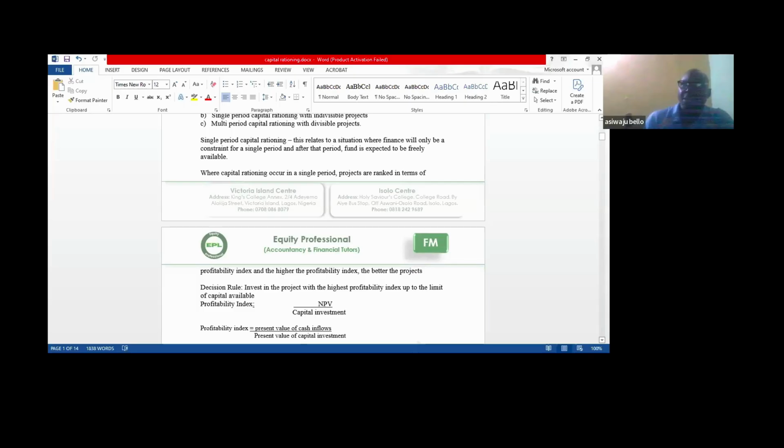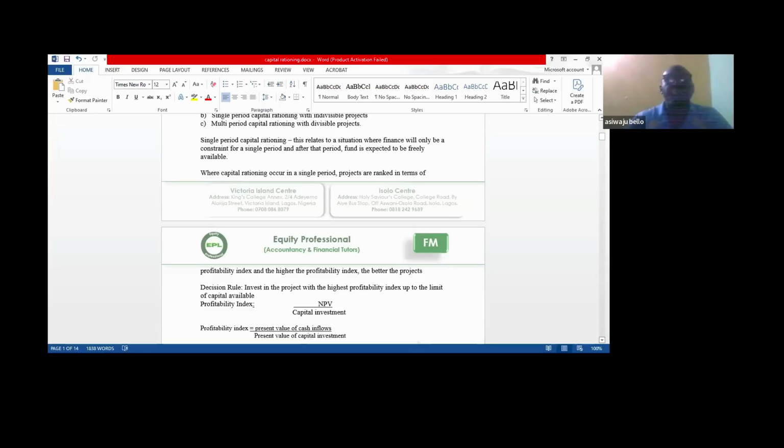That means we do not have sufficient capital to undertake all viable projects. The capital available is not sufficient to undertake all viable projects in a particular year. That is single period capital rationing.